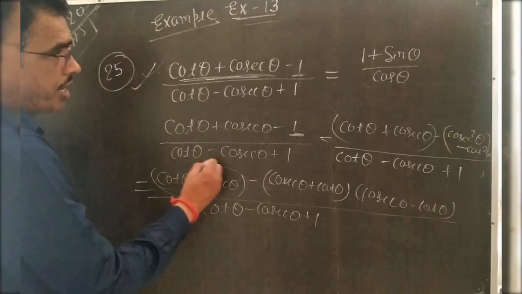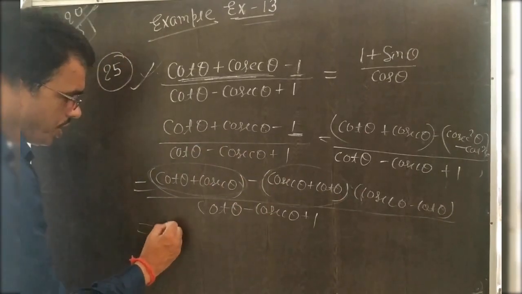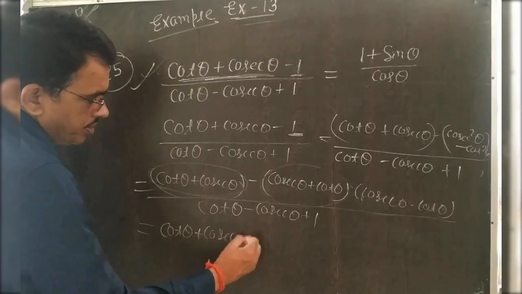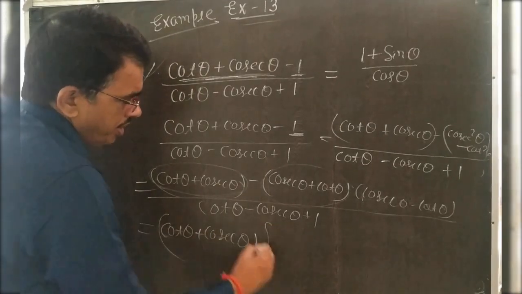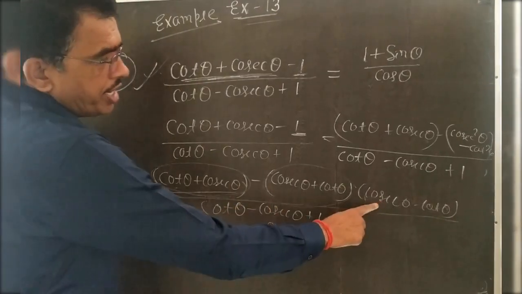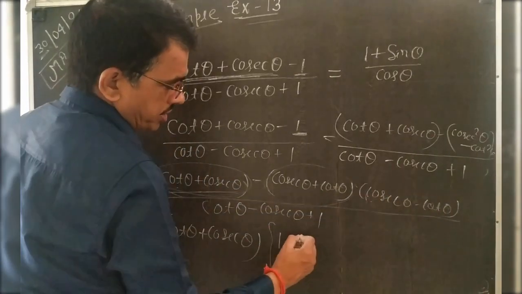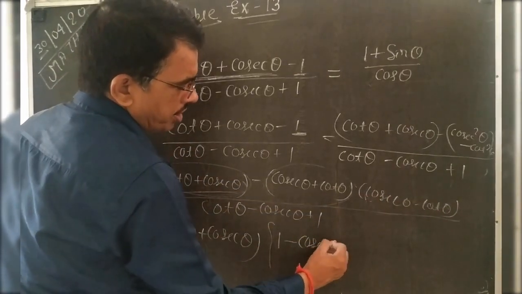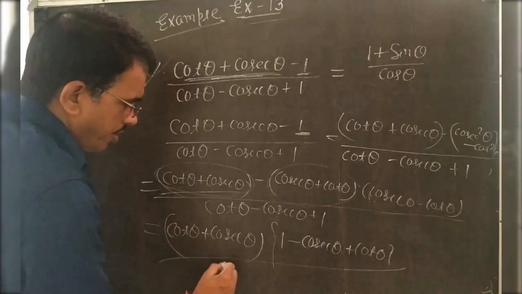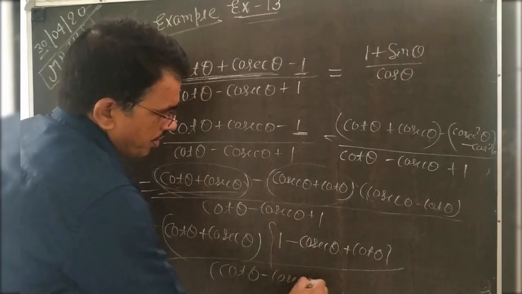Now take common, because both terms have this. So you take common cot theta plus cosec theta. Then here is 1 minus, and here this remains, but here is minus, so change the sign of this. So it is minus cosec theta and plus cot theta. And the denominator is cot theta minus cosec theta plus 1.